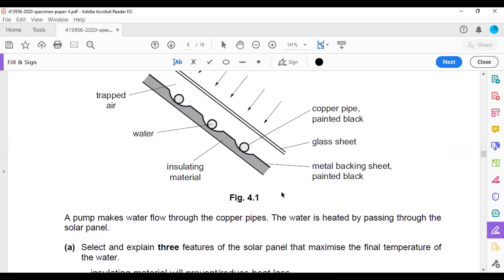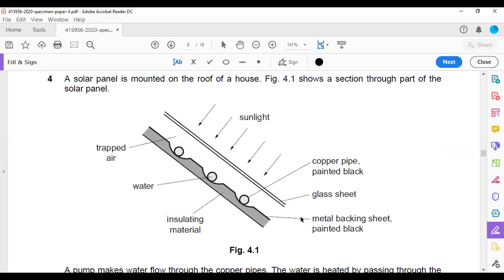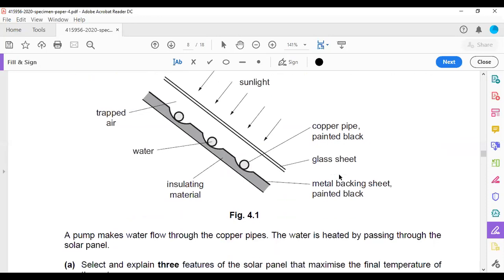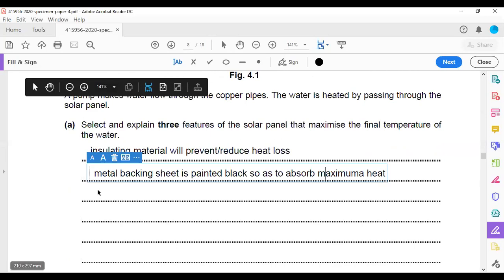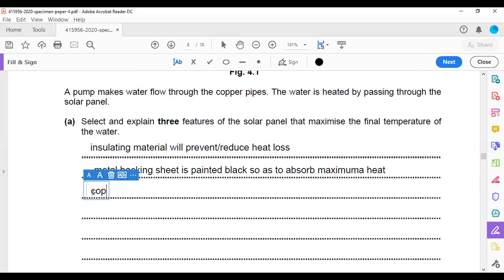Right. What is the next thing? We have the insulating material, we have the metal backing sheet painted black. Why do we use copper pipes painted black? Why do you think? Good.